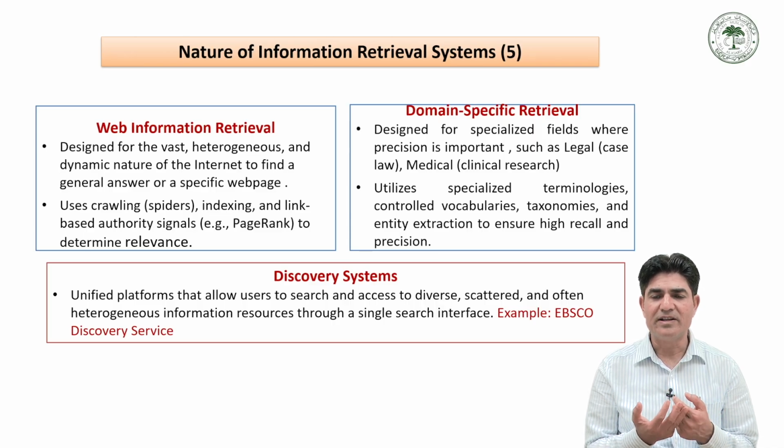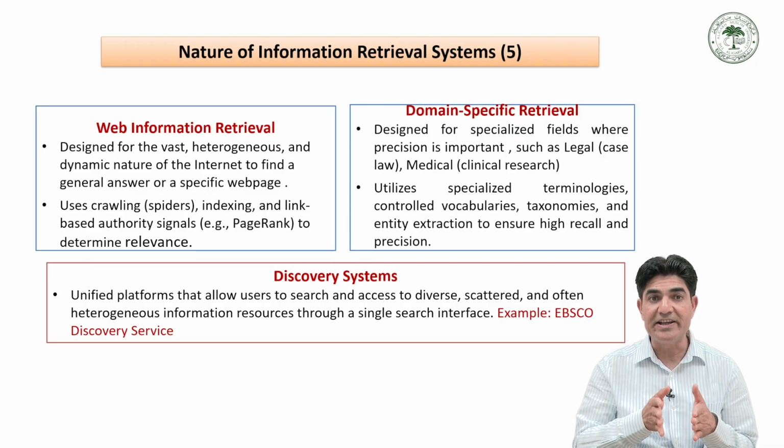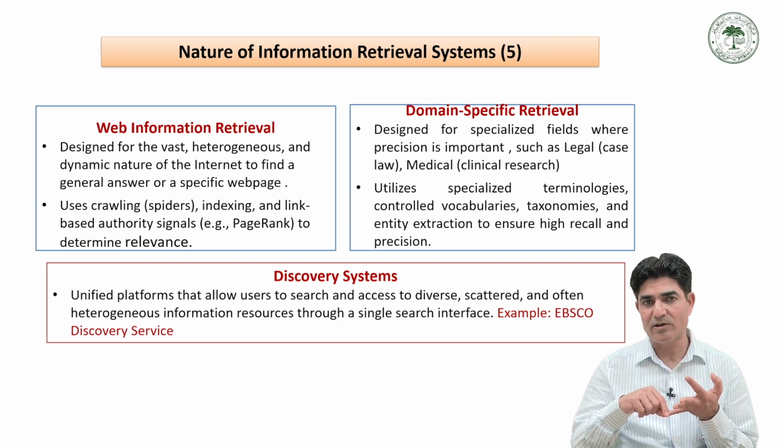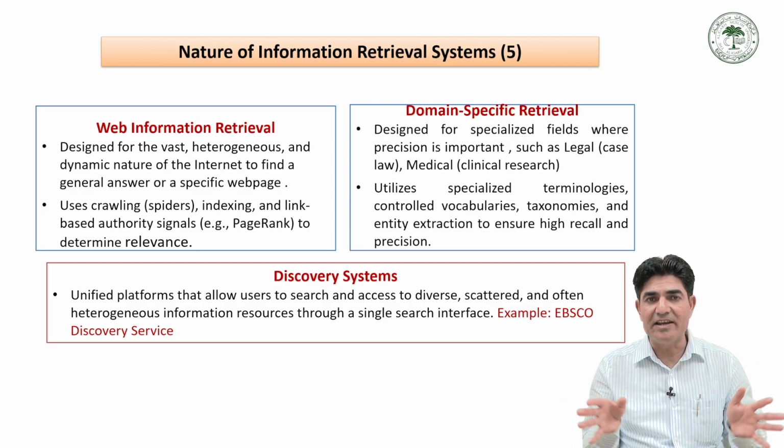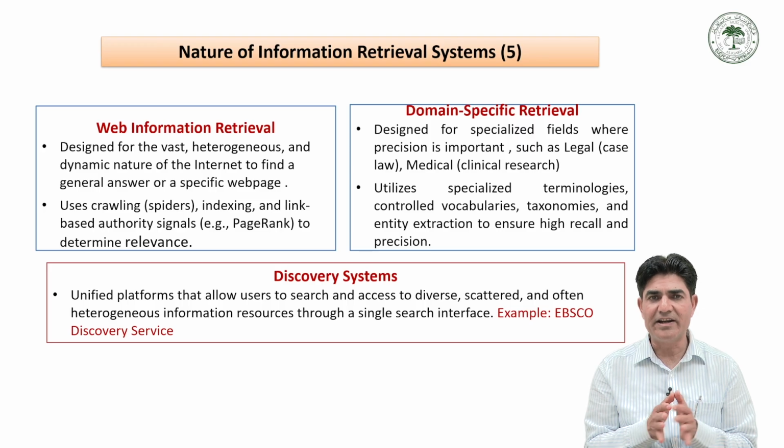And today we have different systems, for example, the discovery service from EBSCO, and these kinds of systems can be integrated with the library, where the library's local databases like the online public access catalog, institutional repositories, all the subscription resources or databases, and the sources which are available in the public domain, that is, open access sources, can be integrated together, and a single search interface can be provided to the users.